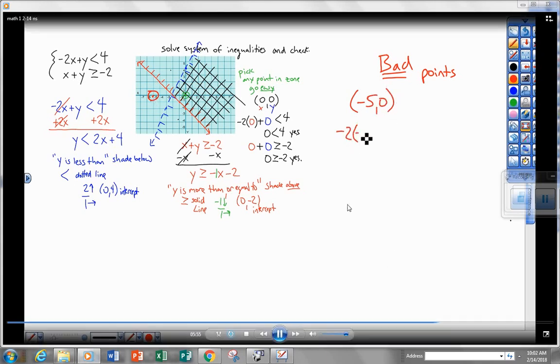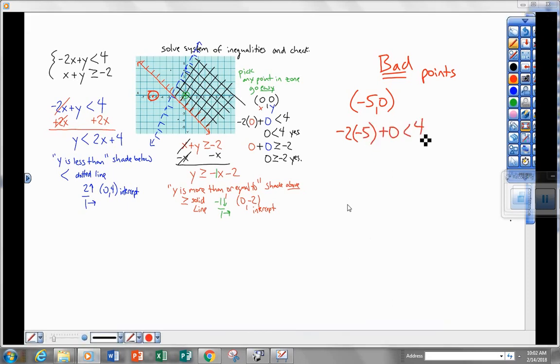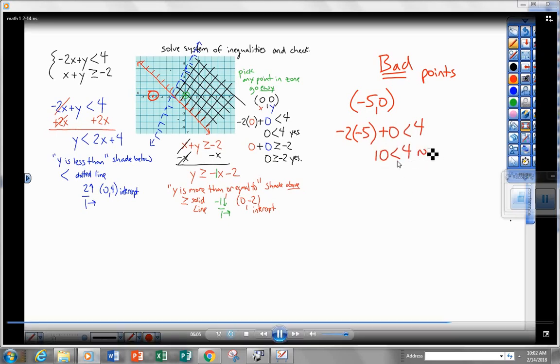Plug those in. -2 times -5 plus 0 gives me positive 10 plus 0. 10 is not less than 4. That's false. If I plug in -5 and 0 into the bottom equation, I get -5 plus 0, which is -5. And that is not more than -2.